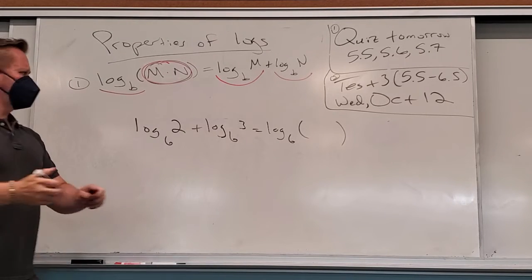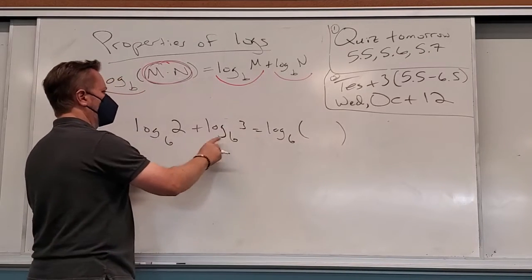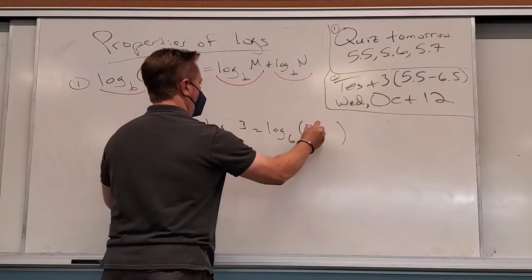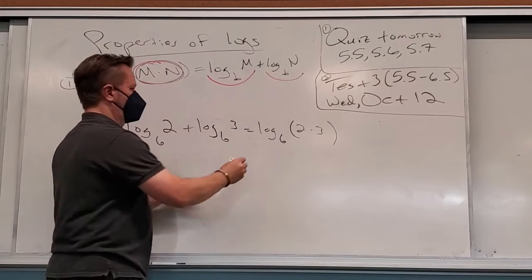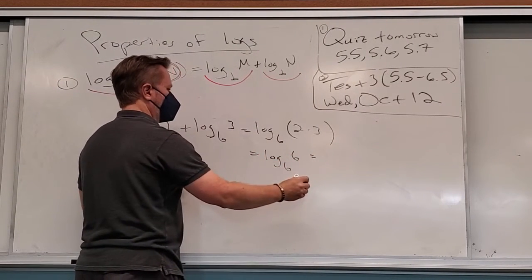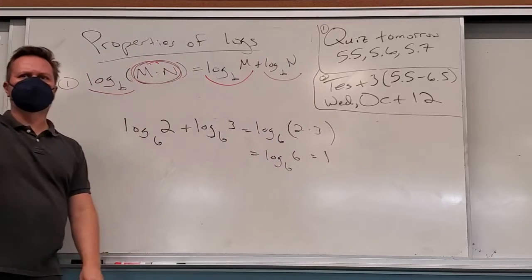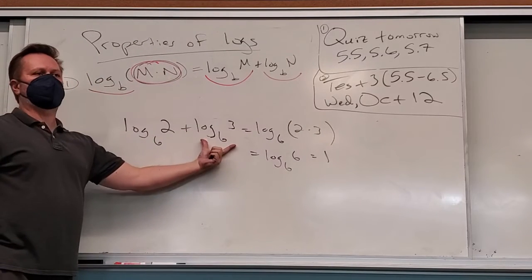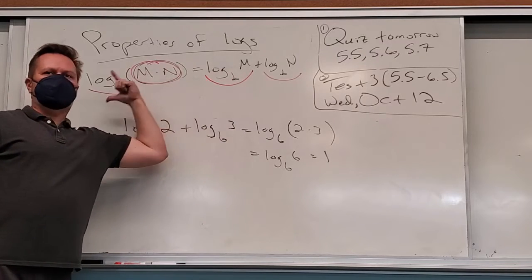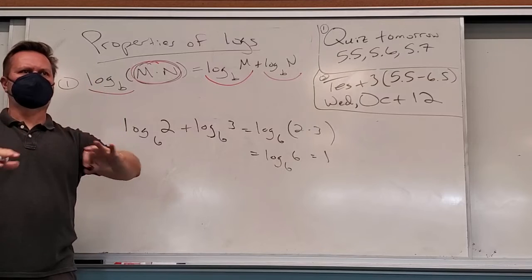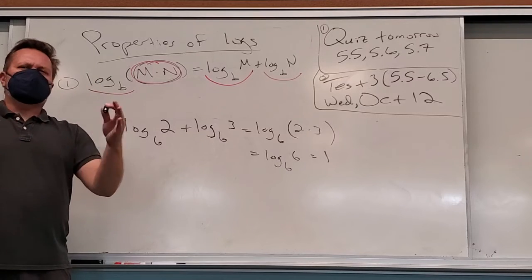So I can write this as log base 6 of 2 times 3. 2 times 3 is 6. What's log base 6 of 6? 1. Sweet. I started with two I can't do, but because of this property, bam! Okay, I'm sorry, I'm excited. This is just cool to me.